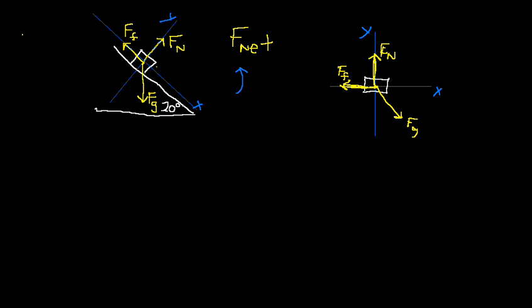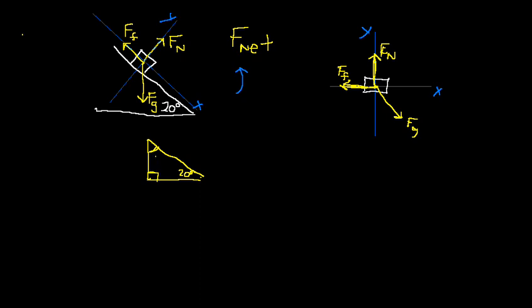But now let's look over here. This makes a right angle. So if you look at it this way, we make a right triangle, and this is 20 degrees. How many degrees is this angle in here? Well, it's going to be 180 minus 90 minus 20.